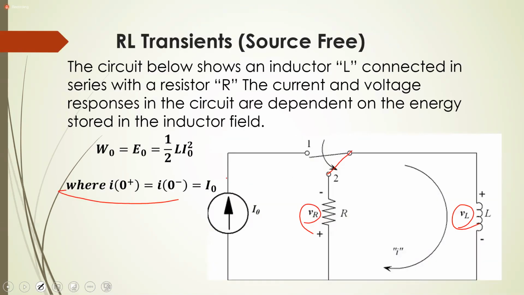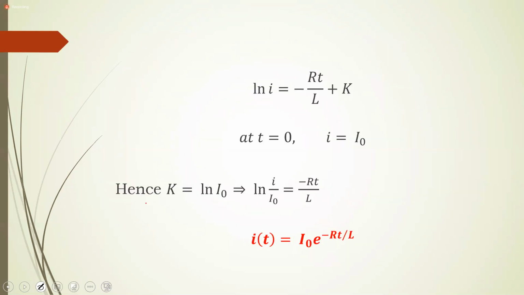Remember this statement here. Very important. Because that is true, it means that at t equals 0, I is equal to I0. So it means that K is equal to ln I0.